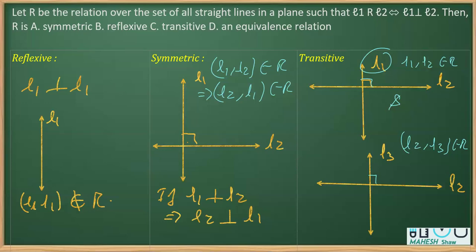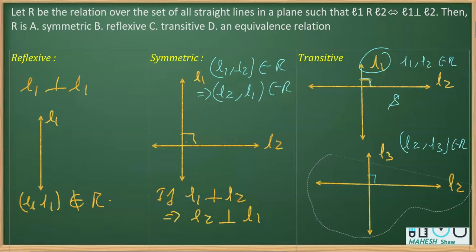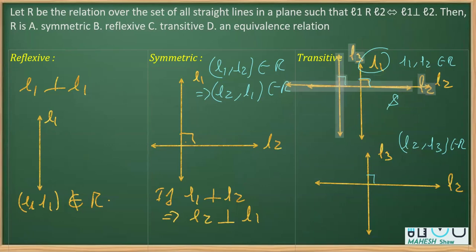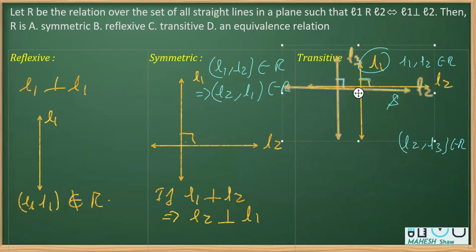So what do you realize here? Is L3 perpendicular to L1? Let's figure out. If I place this over here, what do you see? That these two lines are parallel. Let me show it again.